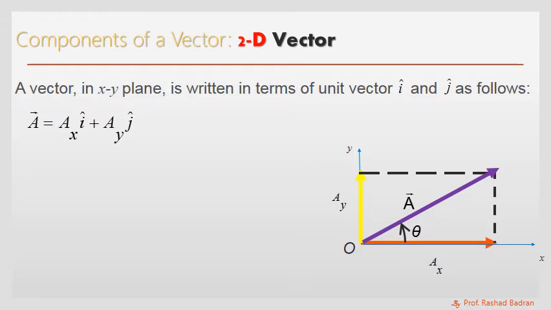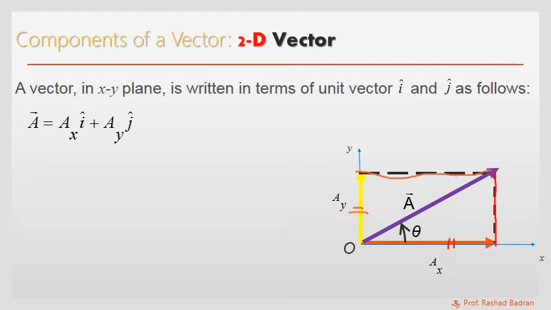Now, the x component can be found by projecting a line from the head of the vector down to the positive x-axis, while the other component, the y component, similarly can be drawn by projecting a line, this time from the head of the vector to the y-axis.